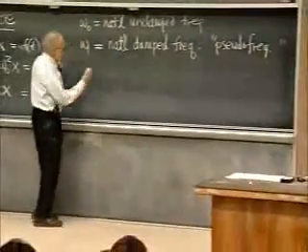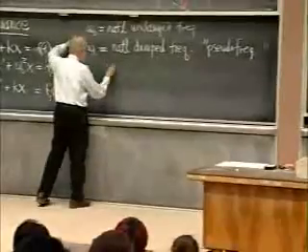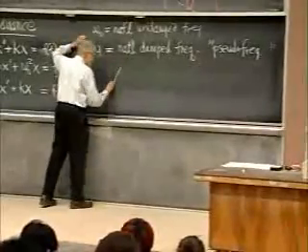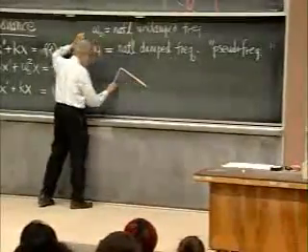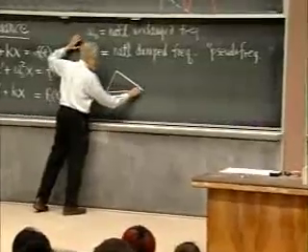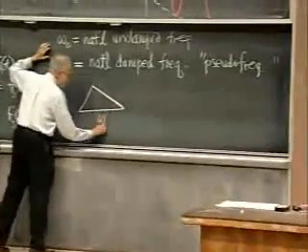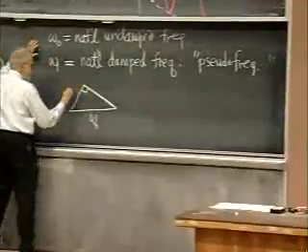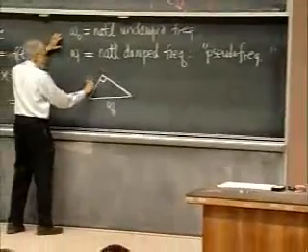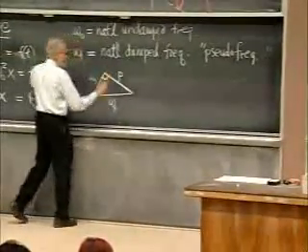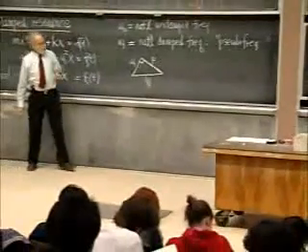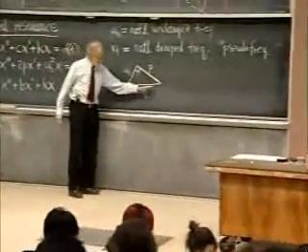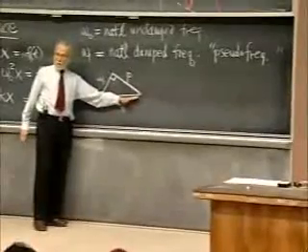Now, the relation between them is given by the little picture I drew you once, but I didn't emphasize it enough. Here is omega naught. Here is a right angle. This side is omega 1, and this side is the damping. So this is fixed because it's fixed by the spring.